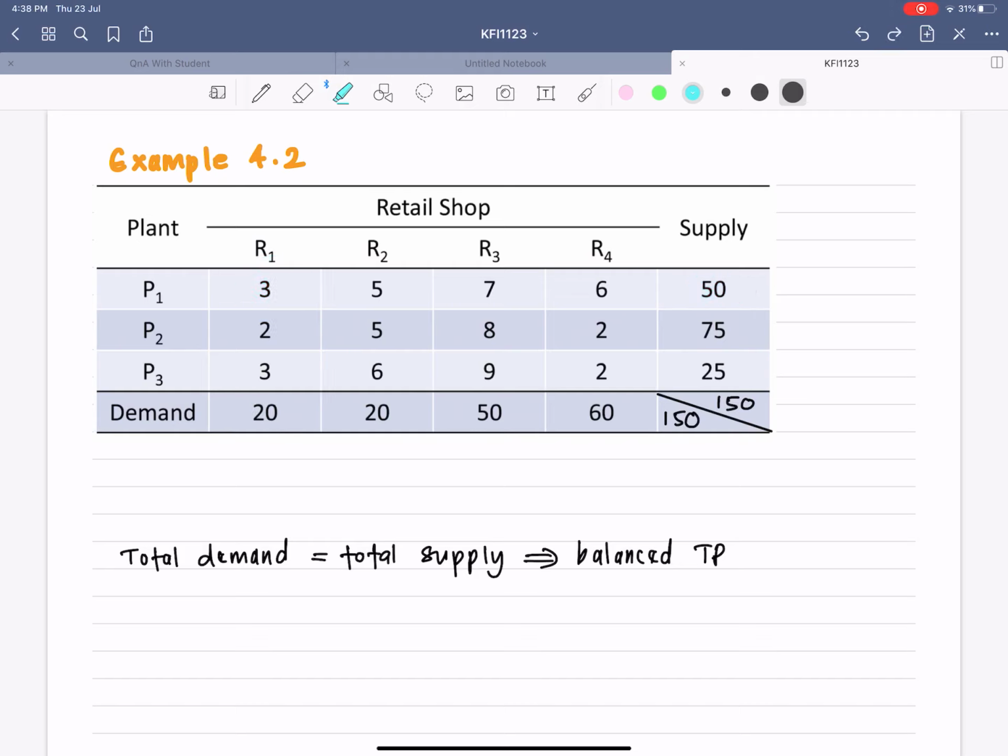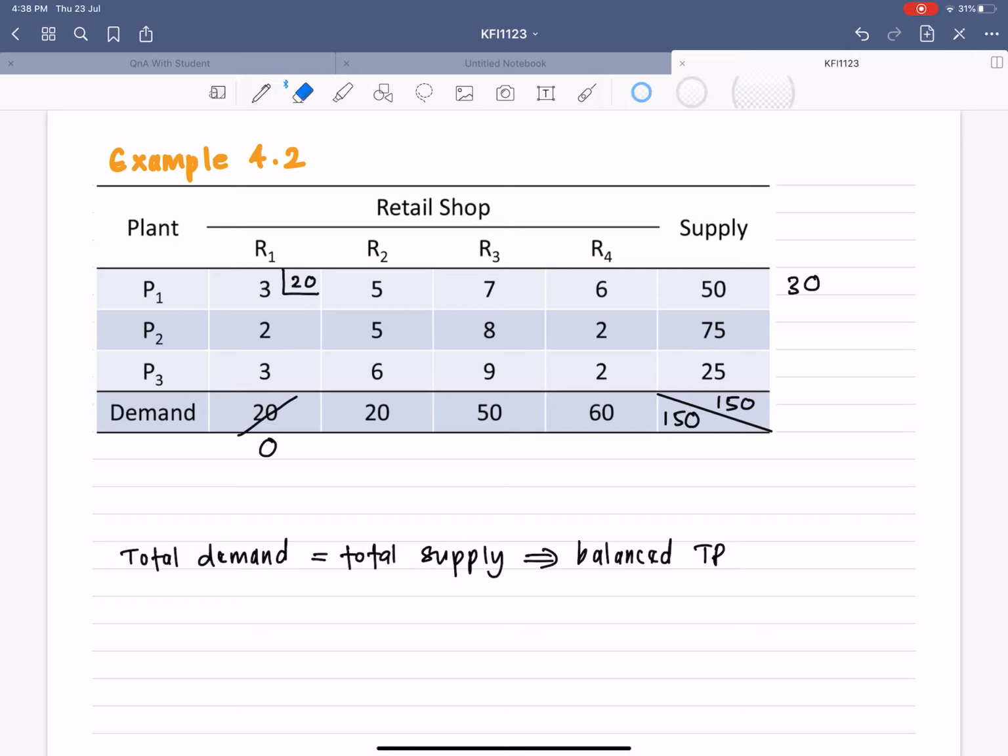If you look here, 50 and 20, 20 is less than 50, therefore we will allocate 20 to the first cell. So here we have 20. Then 20 minus 20 is 0, 50 minus 20 is 30.